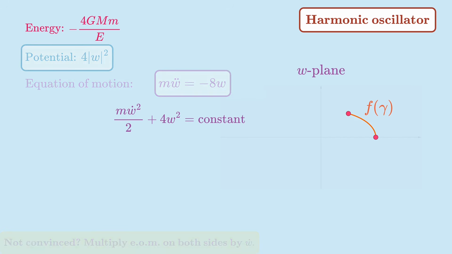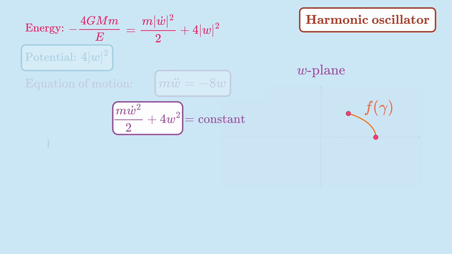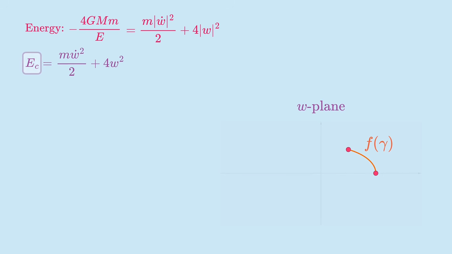The real energy of this 2D harmonic oscillator is negative 4GMm over E, and the conserved quantity we just derived is sort of the complexified version of energy. We now need to represent this complexified energy in terms of the original variable z. We denote this as EC, C for complexified.